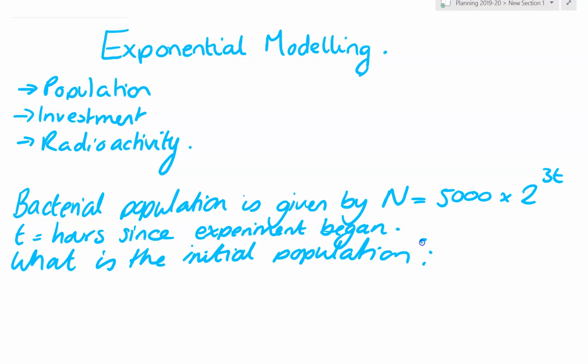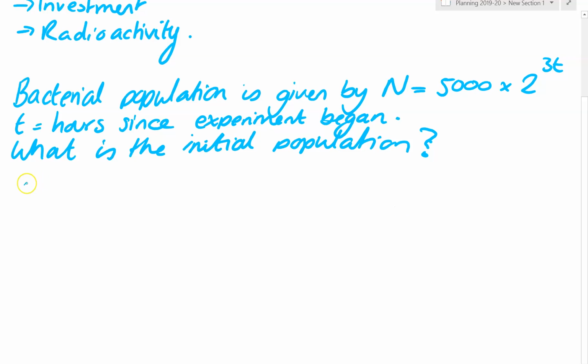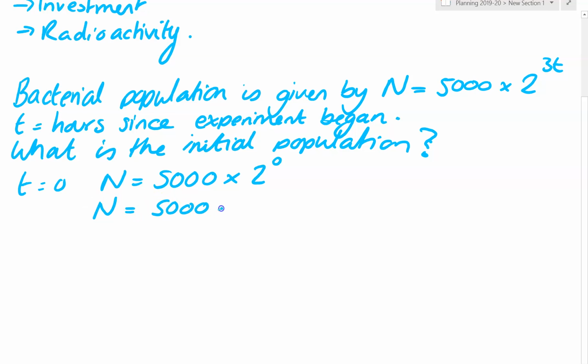So the initial population is when t is 0. So t equals 0 gives us n is 5,000 times 2 to the 0. 2 to the 0 is 1, so it's just 5,000.